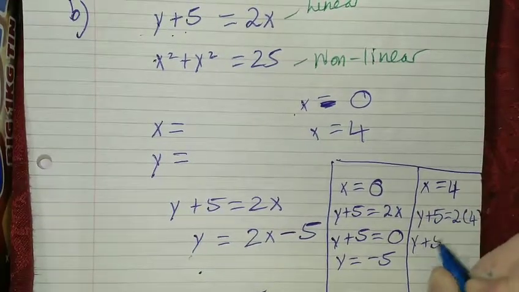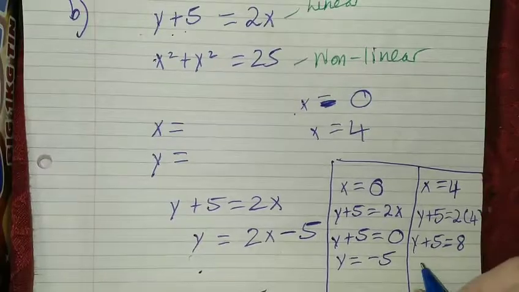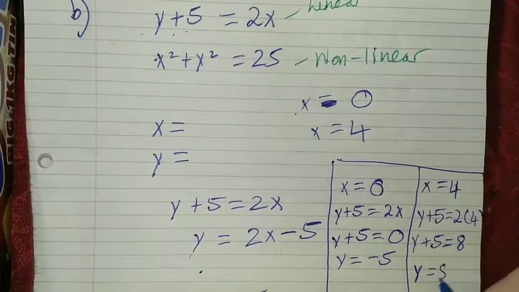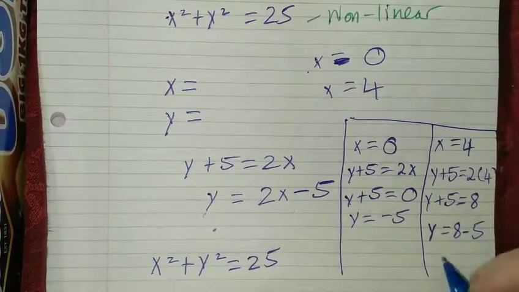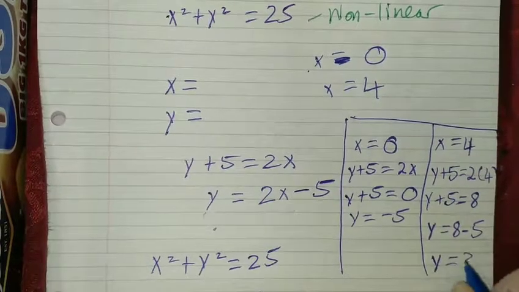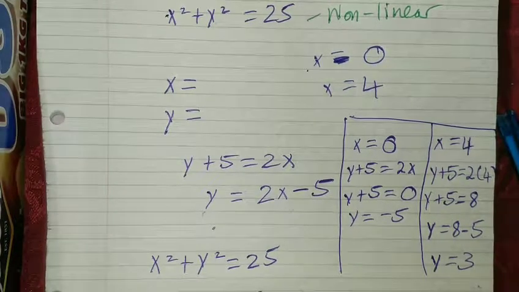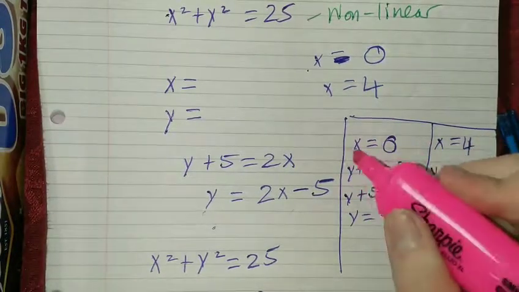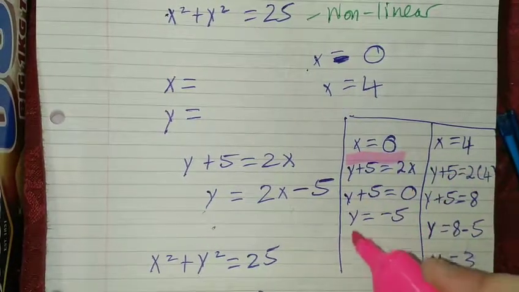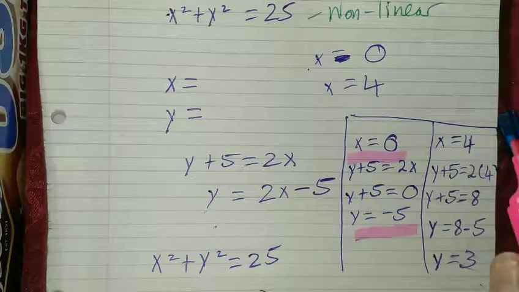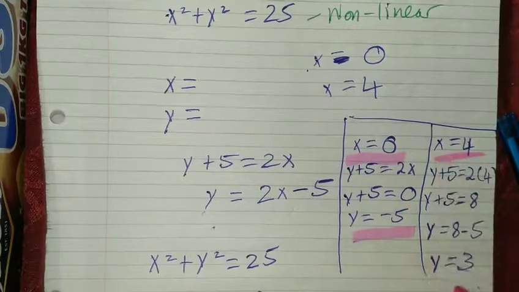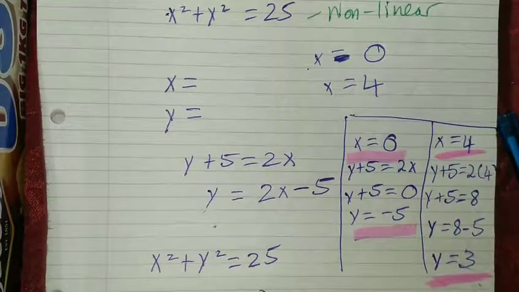So y plus 5 is equal to 8. So y is equal to 8 subtract 5. So y is equal to 3. So my two pairs of answers: in my first pair, x is equal to 0 and y is equal to minus 5. And then my next pair, I get x is equal to 4 and y is equal to 3.